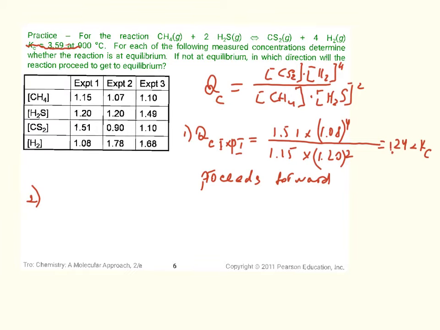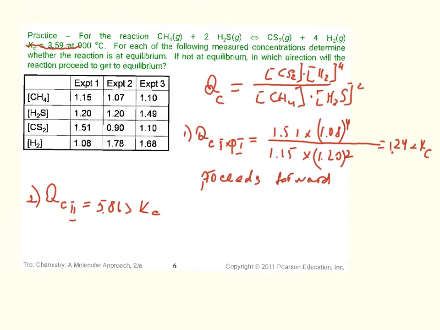In the second experiment, number 2, we again plug in numbers, and the result is 586, which is greater than the Kc provided.